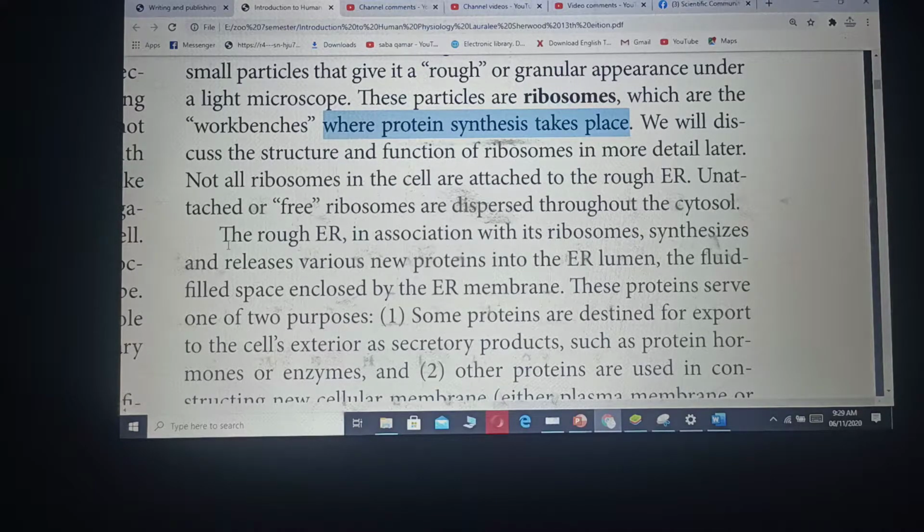Always remember that the rough endoplasmic reticulum in association with the ribosomes synthesizes and releases various proteins into the endoplasmic reticulum lumen.